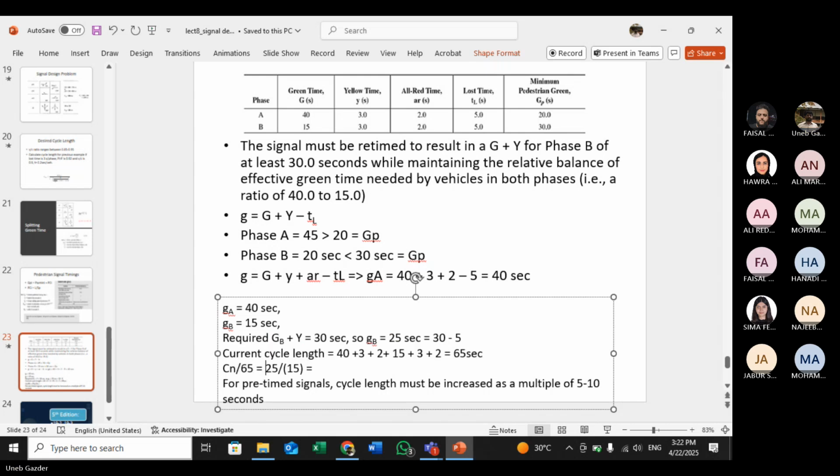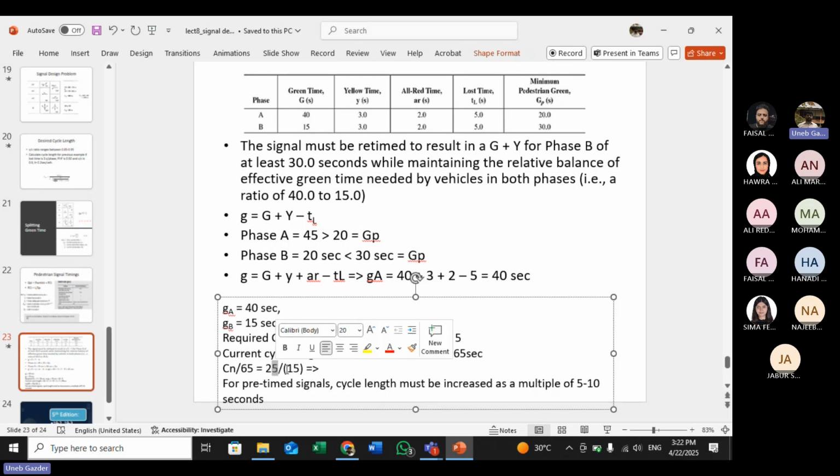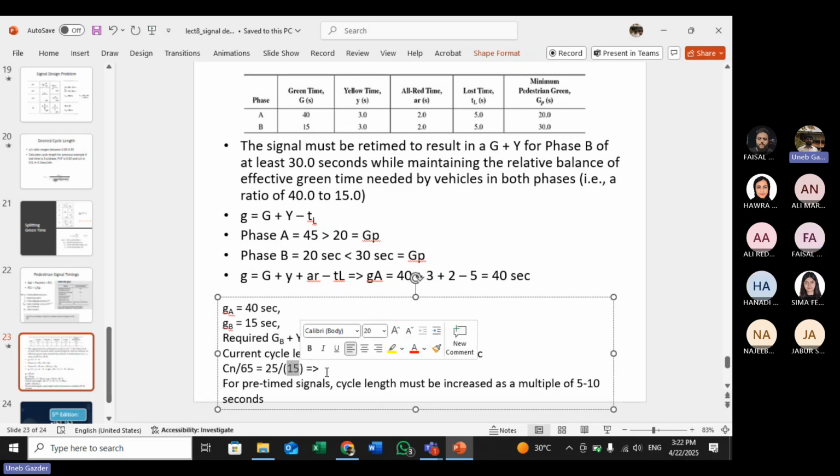New upon old cycle length equals new upon old for phase B. So this is the new of phase B and this is the old of phase B, and I'm taking the green time.